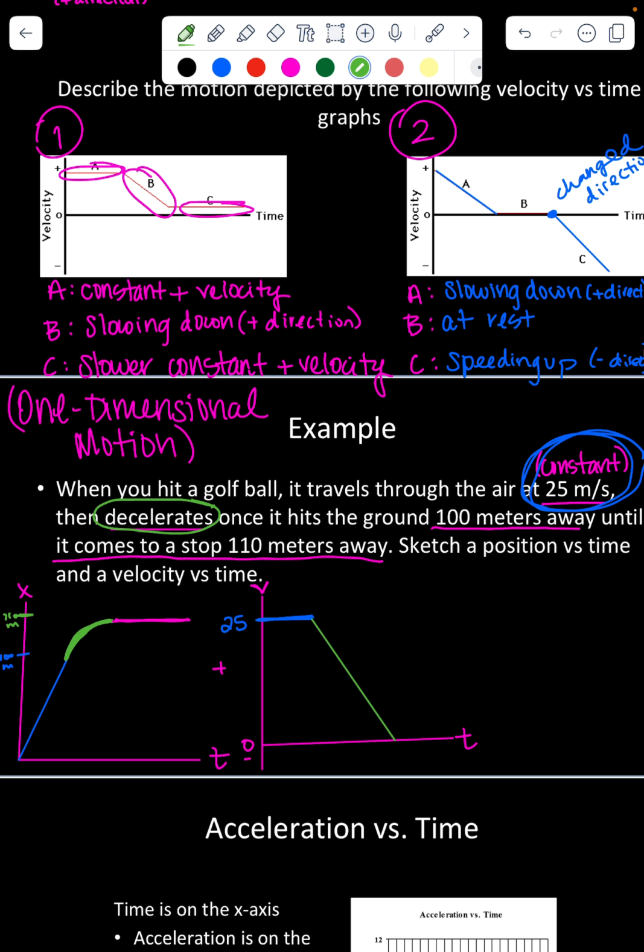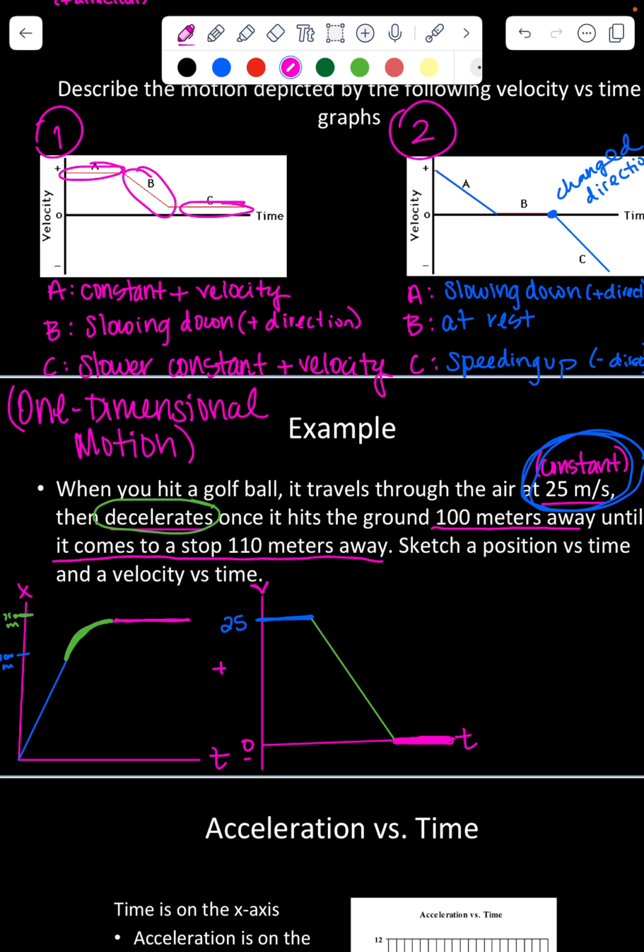And then it stops. All right, so we show a stopped line that is a horizontal line which has no slope, which is a horizontal line on 0 because the velocity of something at rest is 0. So that would be our velocity versus time.